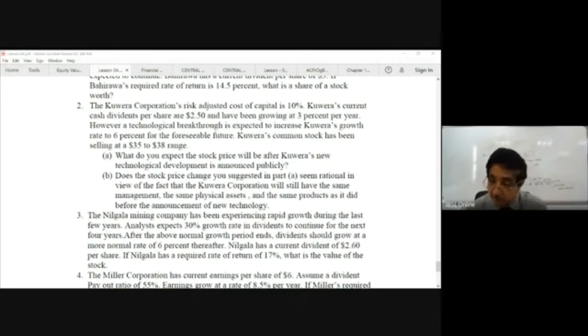You can clearly see the increase in price even without any change in the physical assets, without any change in the products. But there's an indication that they had a technological innovation. With the technological innovation, they have been able to increase their dividend growth. While doing that, their prices have also increased.